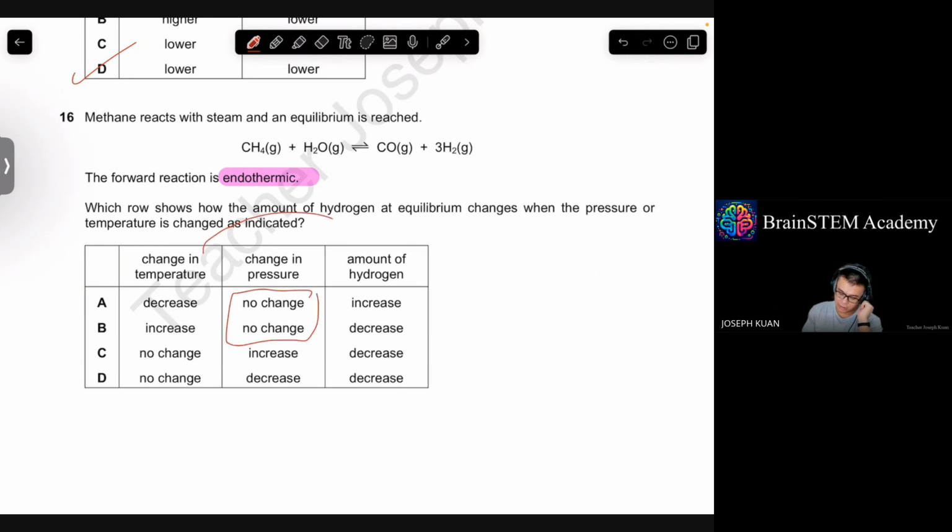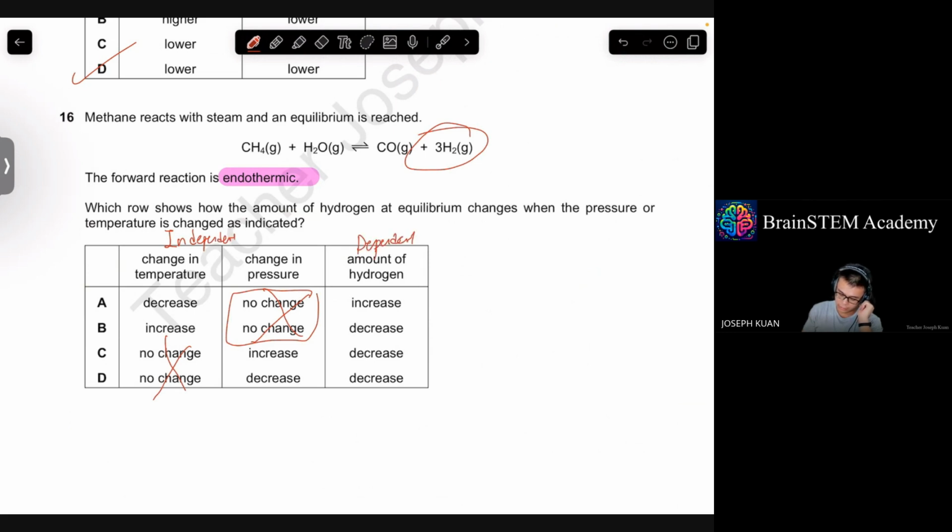Essentially, you just want to see the effect of temperature on the yield of hydrogen, or the other way around, the effect of pressure on the amount of hydrogen. You shouldn't get distracted by three columns. Just focus on the changes, the independent variable to the dependent variable.